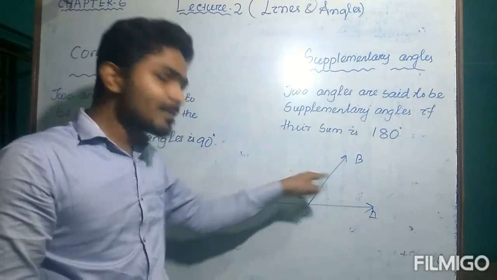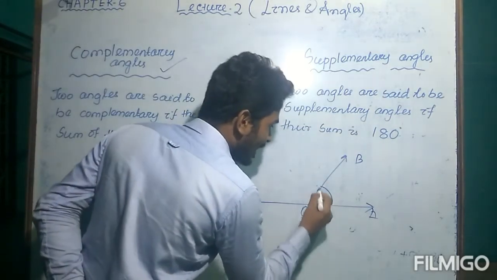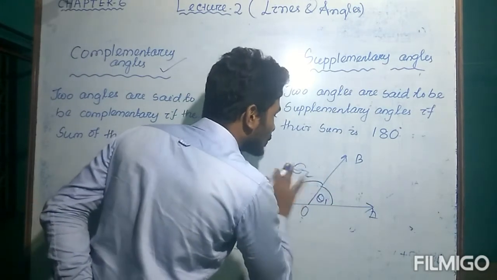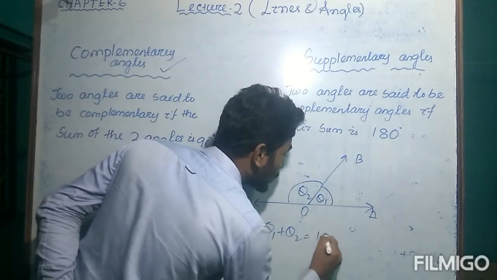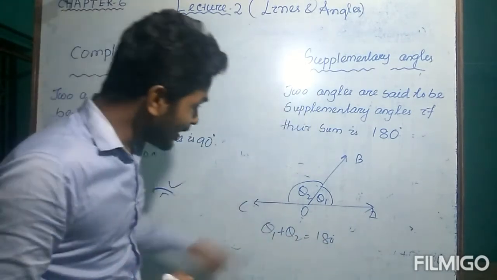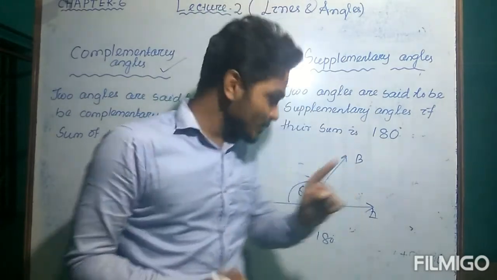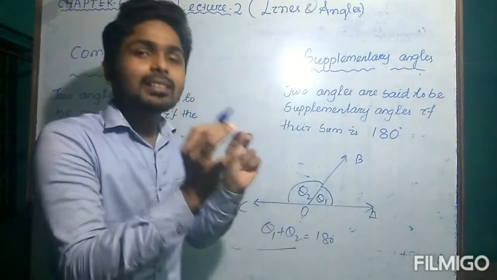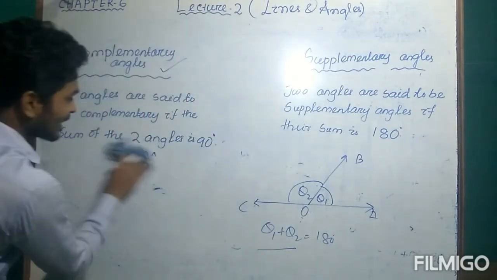So the total angle's value is 180 degree. Okay, this angle, suppose theta 1, and this angle theta 2, is equal to how much? 180 degree. So here the two linear pair angles are combined to form 180 degree. So these two angles are also known as supplementary angles. Okay. Another example.